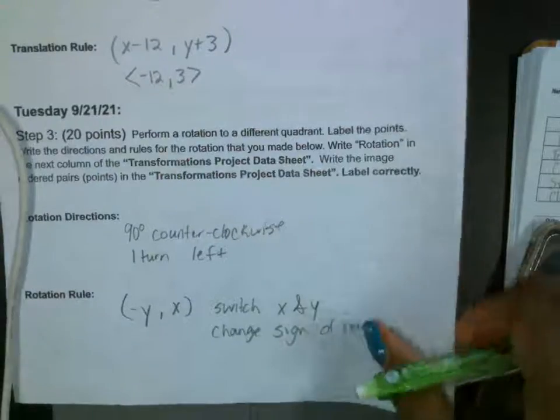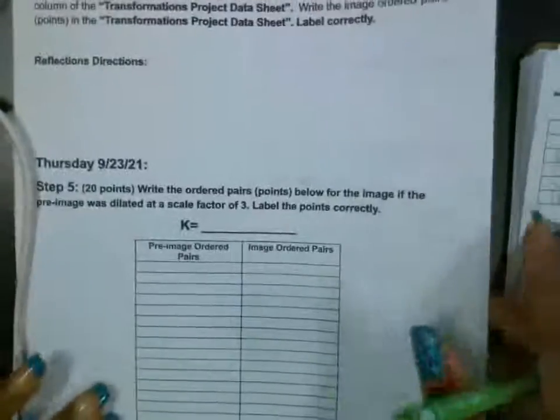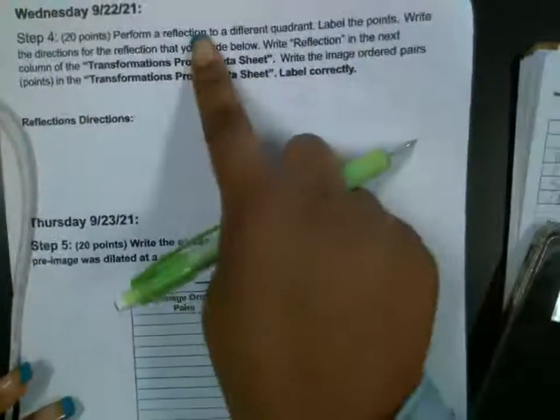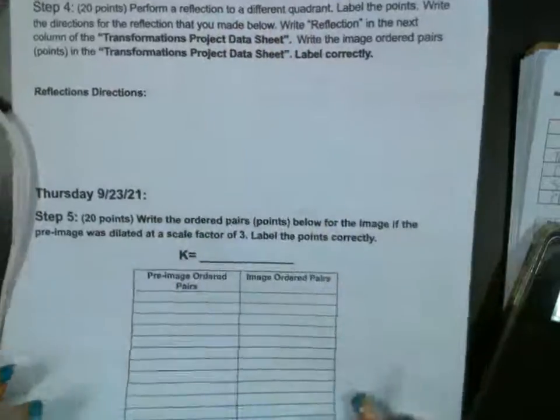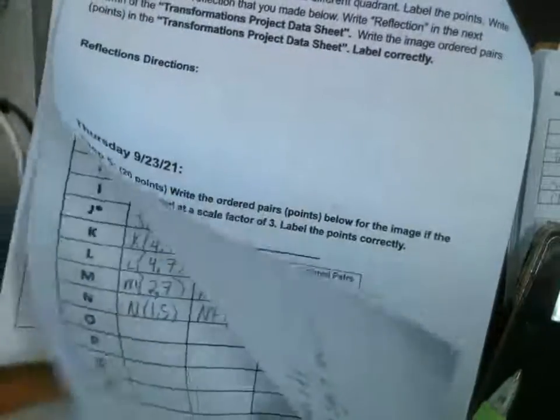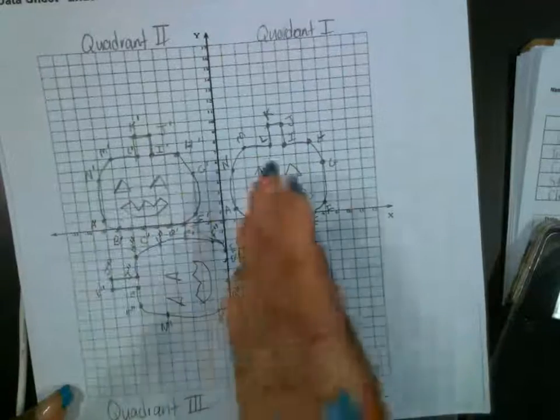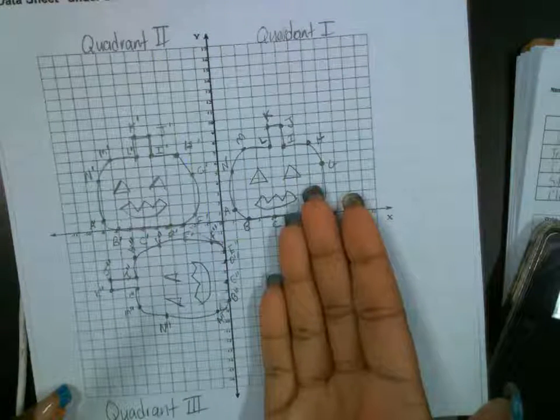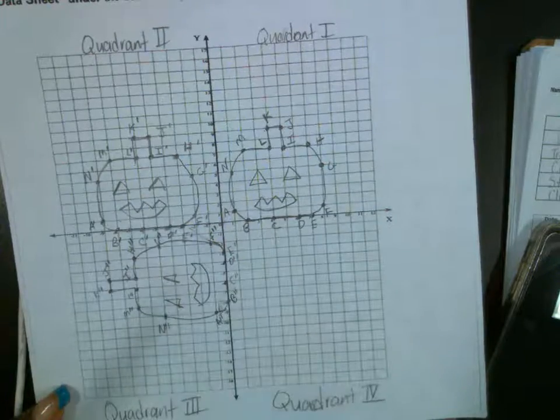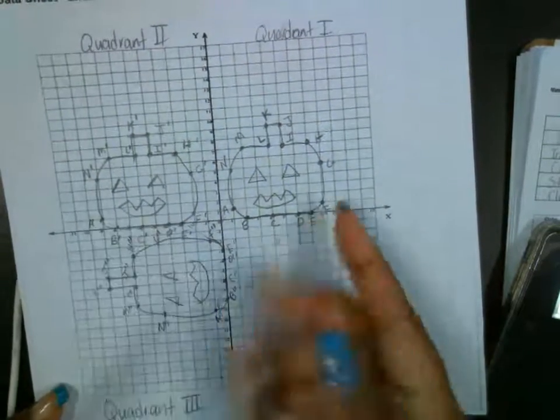All right. Okay? Now, not the last step, but the fourth step is reflection. So what you want to do is you take that last shape that we just did, the one that's turned sideways, and you are going to flip this over the x or y axis so that you have a shape in each quadrant.